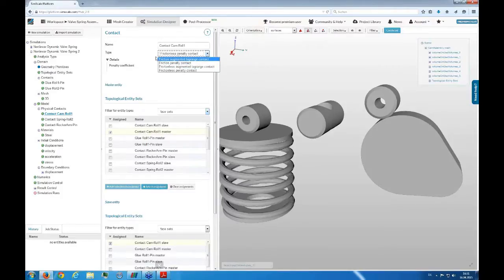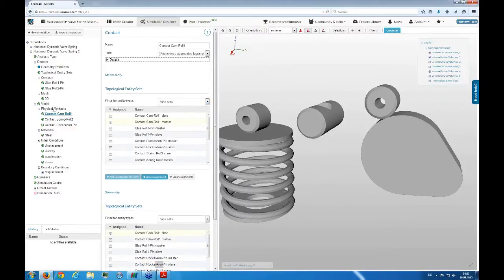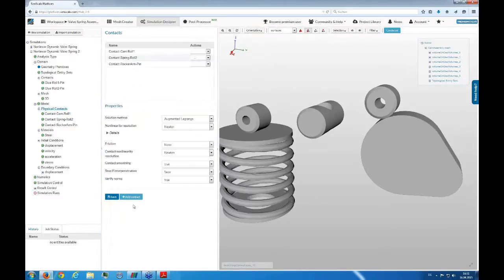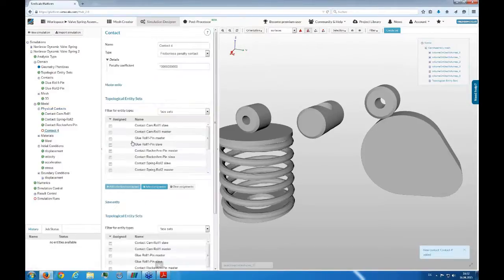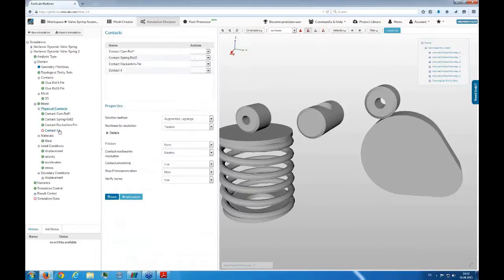But here we have chosen an augmented Lagrange contact, which has one parameter, but it doesn't change the results at all, or shouldn't, so you do not have to touch it. So if you want to add a contact, you just add one, select the master and the slave surfaces, and save it. That's nothing you really have to worry about here.